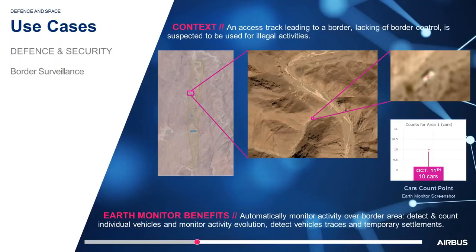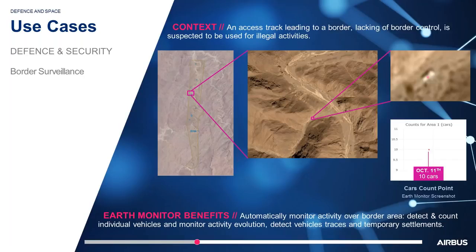Another very interesting use case is for defense and security teams, for example, for border surveillance. In this example, we have a border, and this border has no border control and is suspected to be used for illegal activities. So we can see on the left an area on the first screenshot. If we zoom in, we have the second screenshot in the middle, and if we zoom in again, we can see a car on the top right.